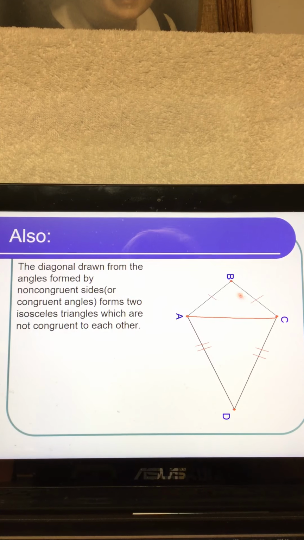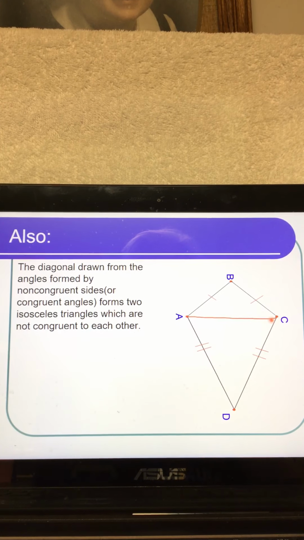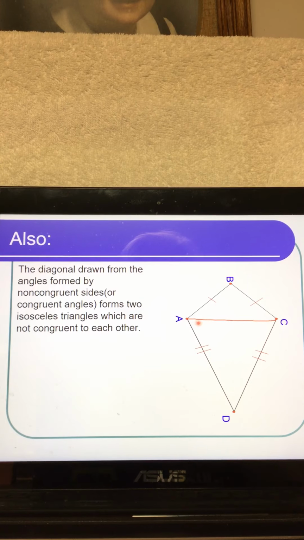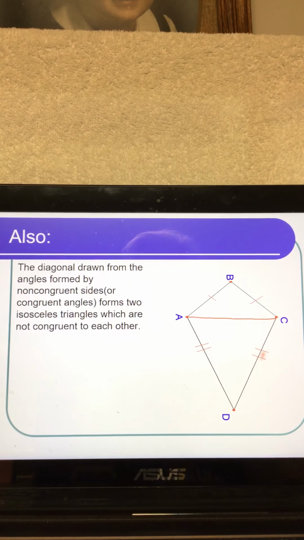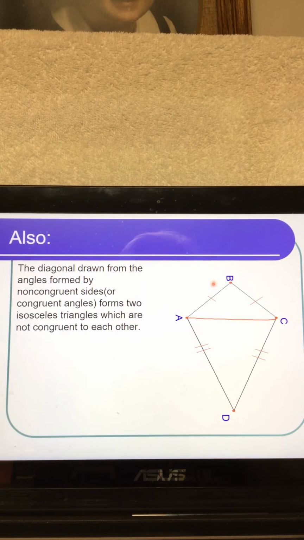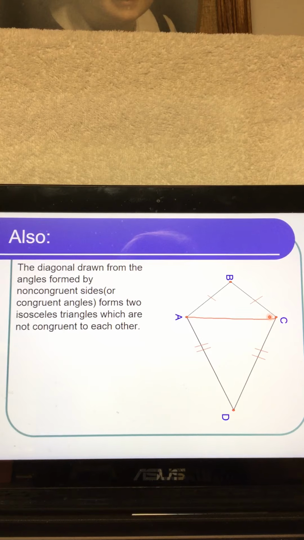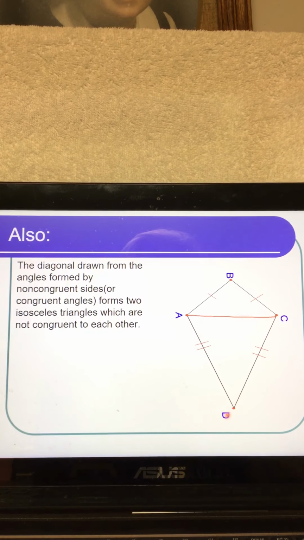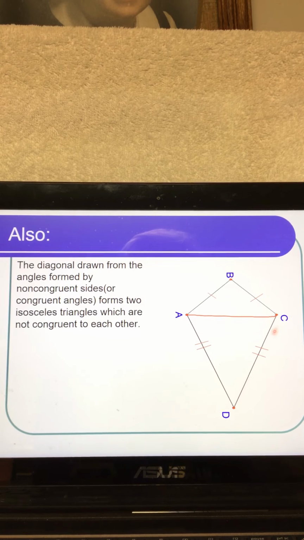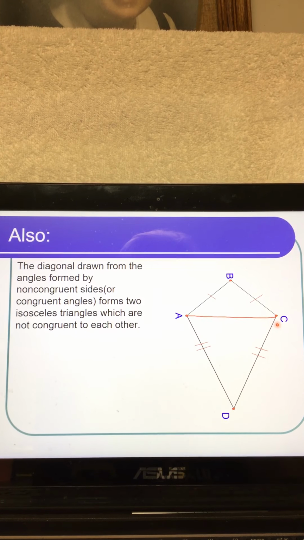I don't know if you can see it or not, but here's an isosceles triangle. Here is the other isosceles triangle. This original angle B is the vertex angle of this new isosceles triangle. This original angle D down here is the vertex angle of the other isosceles triangle.